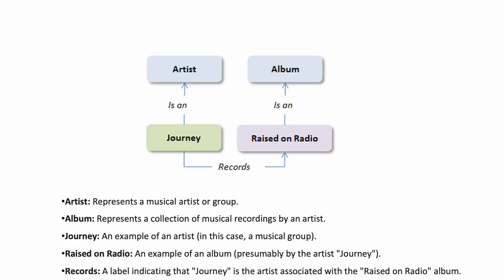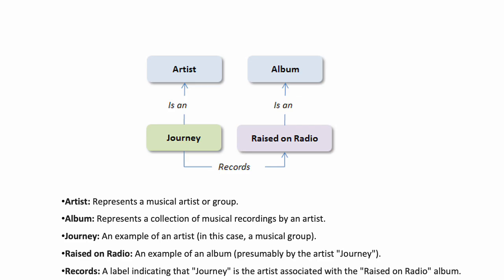The relationship here is N, which is linked between the general categories, artist and album. And there are specific instances, Journey and Raised on Radio.